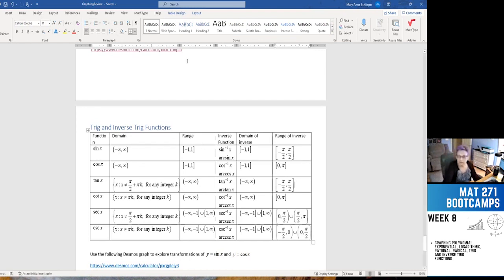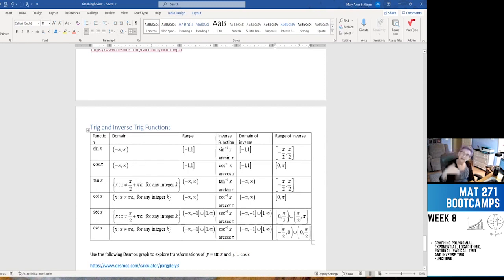And then the inverse functions, the domain of arcsecant and arccosecant is everything except the domains of sine and cosine. So -infinity to -1 and 1 to infinity. Just the opposite of those.